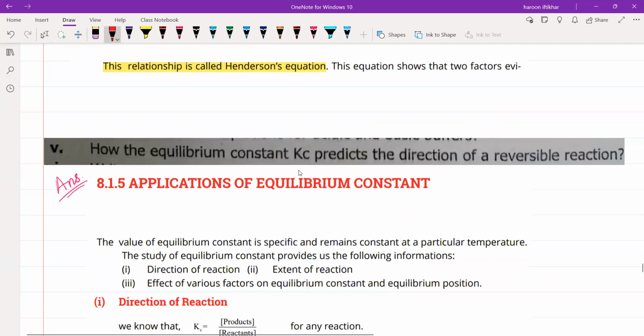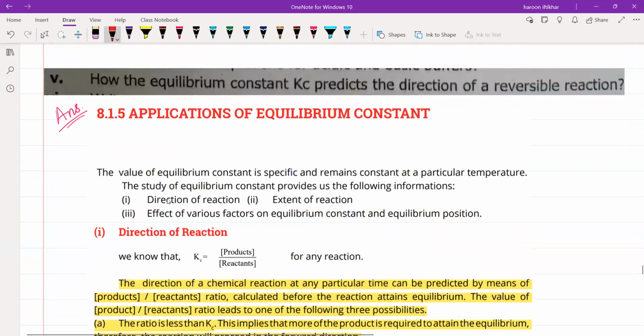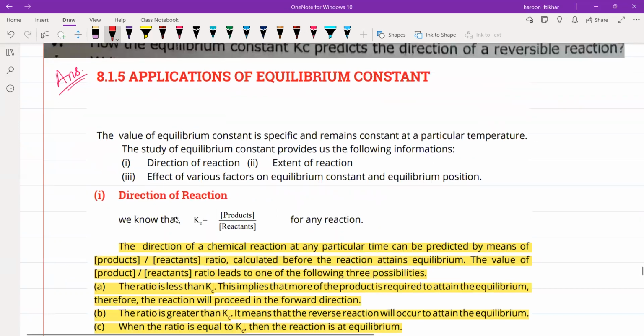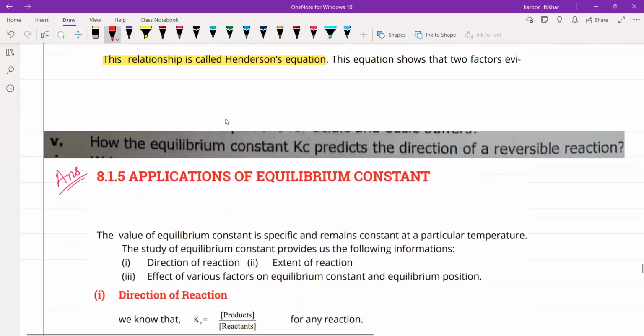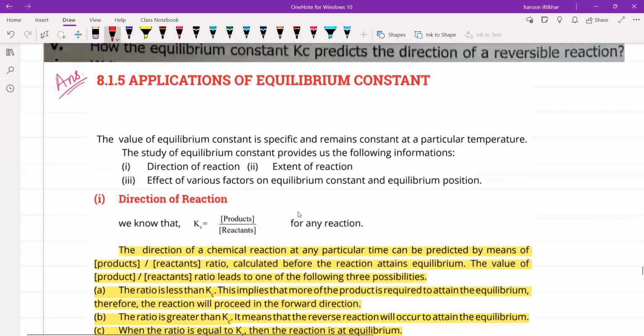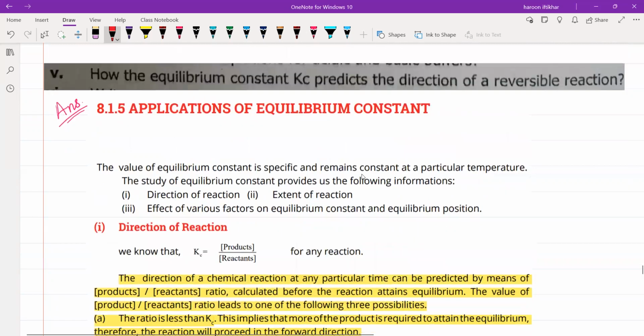Now, how does the equilibrium constant Kc predict the direction of reaction? In the direction of reaction, we have 3 points: either the Kc value is high, low, or equal. So how does the equilibrium constant predict the direction of a reversible reaction?